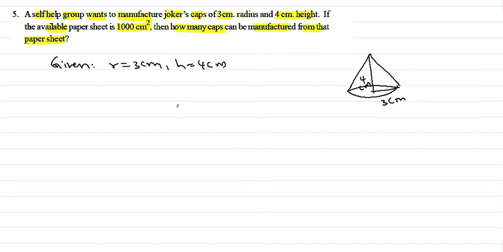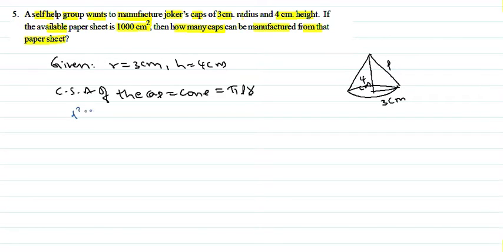So in these situations we are going to find the CSA of the cap, which is equal to cone, which is equal to pi r l, but we don't know the slant height here. So by using the Pythagoras theorem we need to find the slant height.